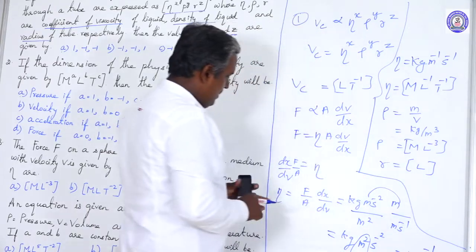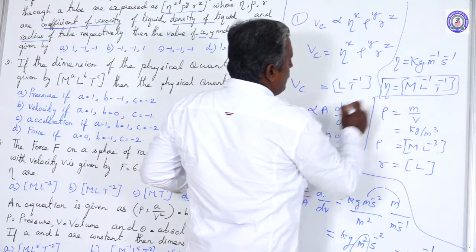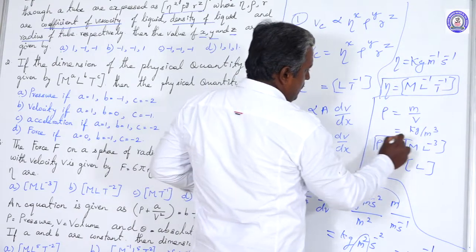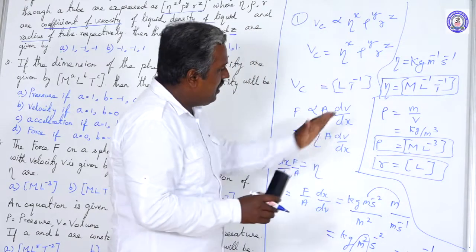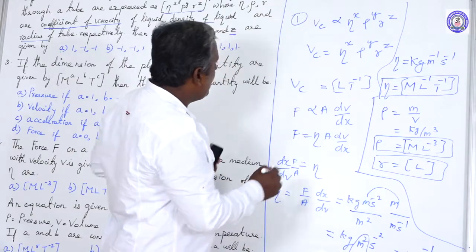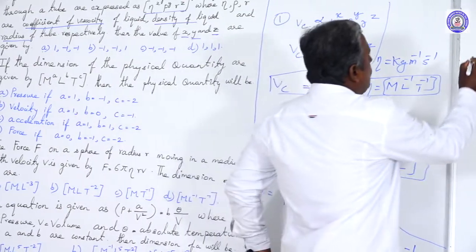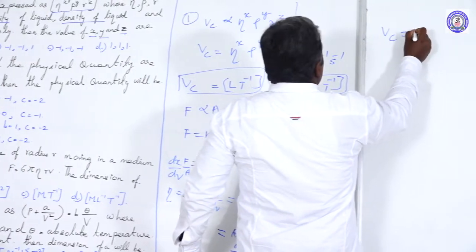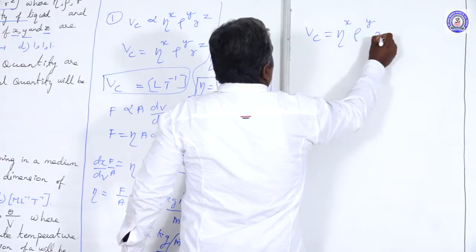So the dimensional formula of eta and of density, applying these values in this formula, and also Vc. Therefore Vc is equal to eta power x, rho power y, r power z.